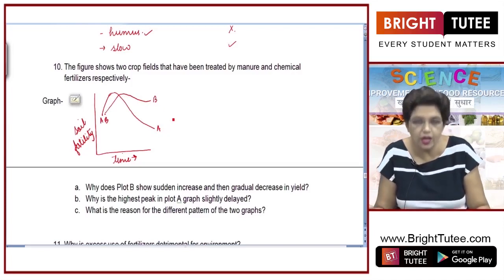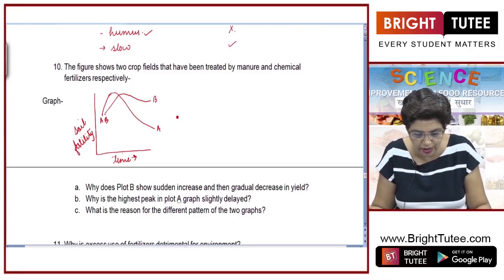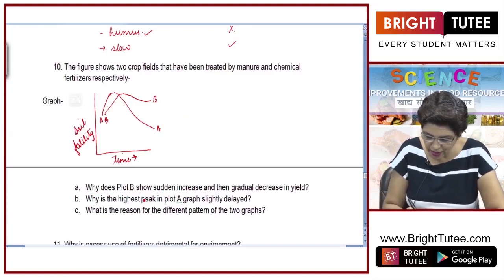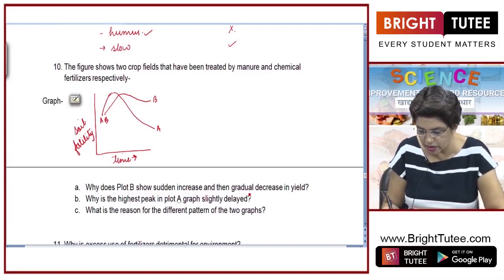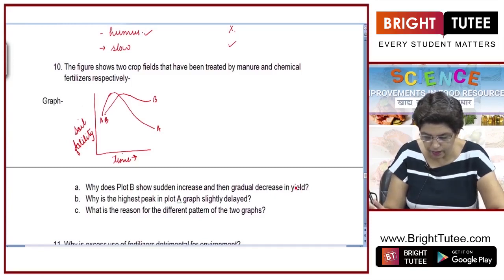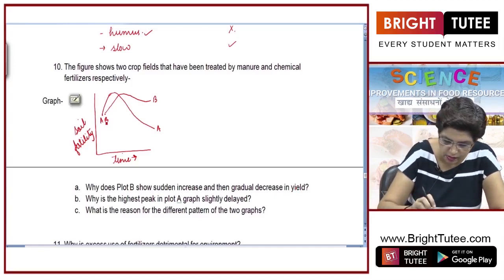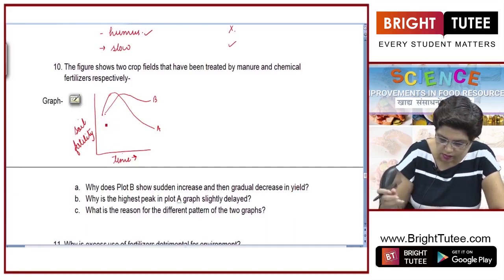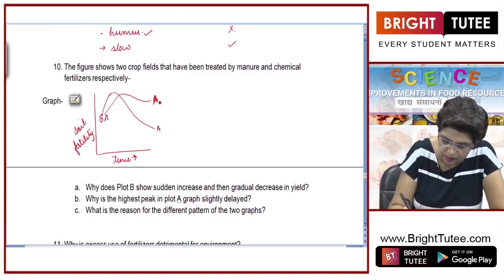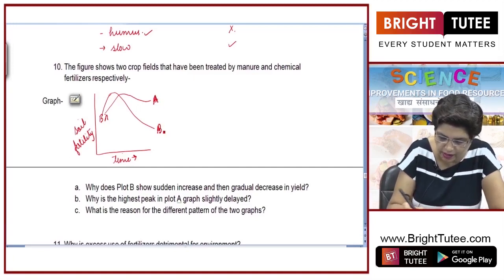Alright. So, now let us take up some questions based on this graph. Firstly, why does plot B show a sudden increase and then gradual decrease in the yield? This is B, this is A. Alright.